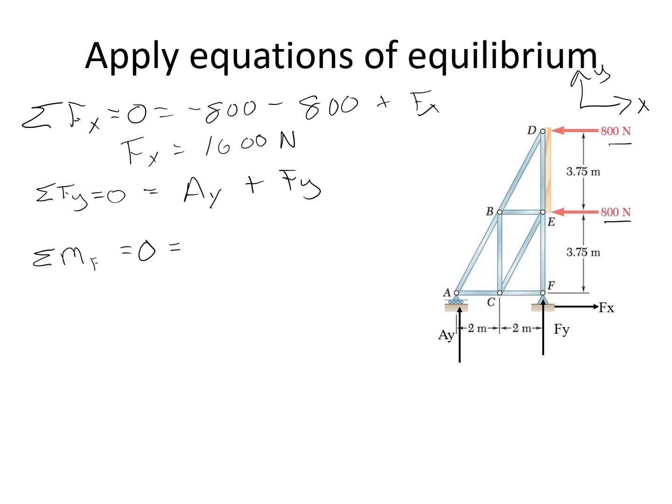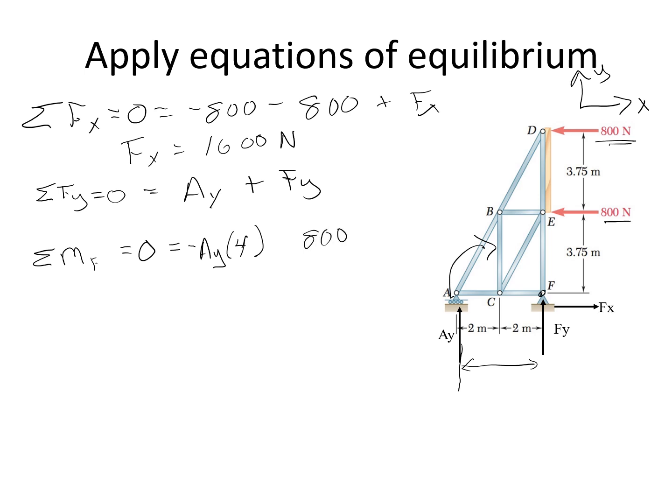And so I will have AY, the perpendicular distance from AY to point F is 4. So AY times 4. That's pushing up, so it's tending to rotate clockwise. So this is going to be negative. Then I have this 800 Newton force.